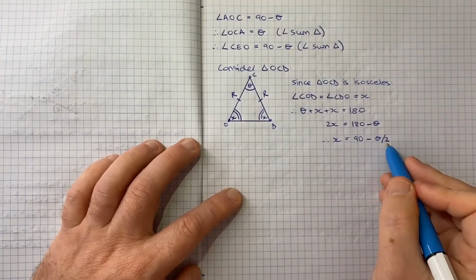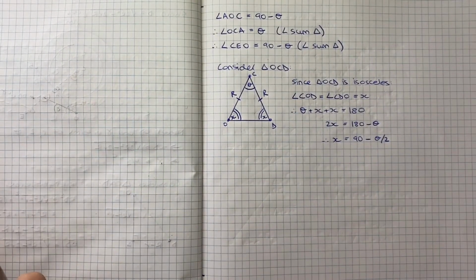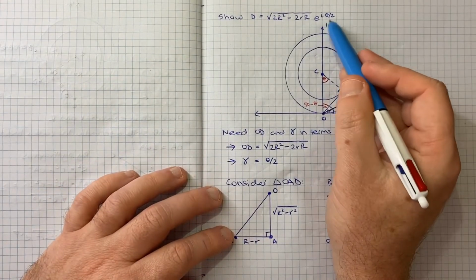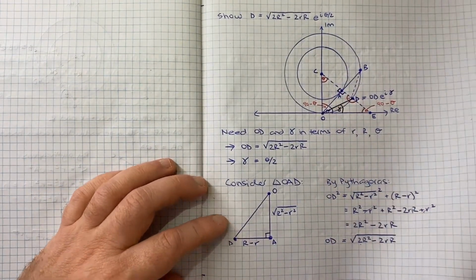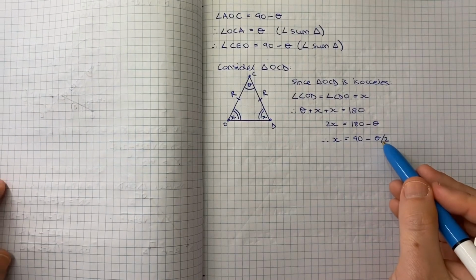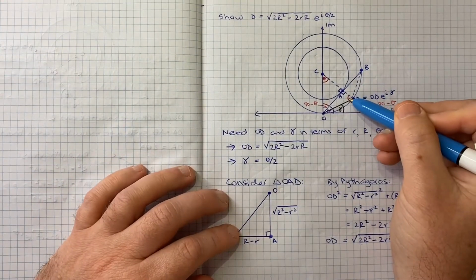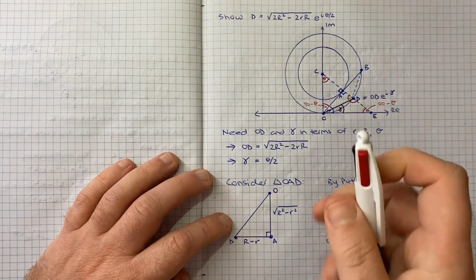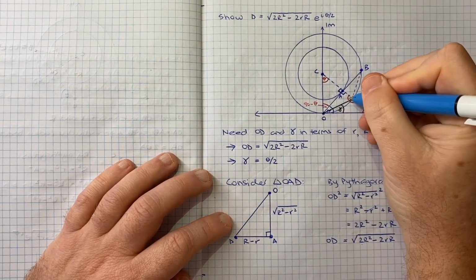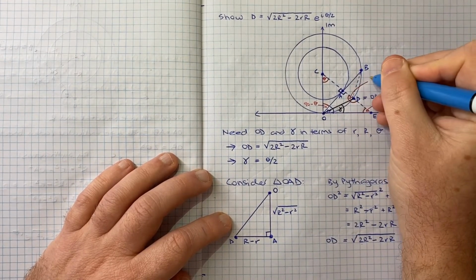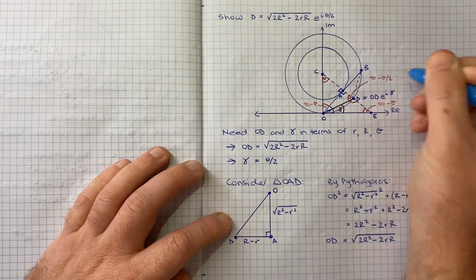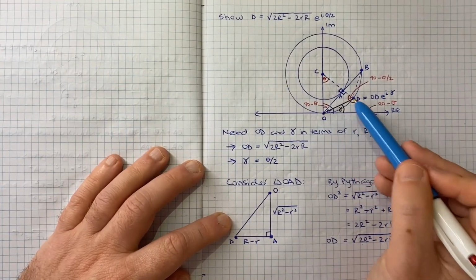And that's kind of a good sign because we know we're going to want a theta on 2 eventually. So coming up with the theta on 2 is very handy. So we've got this angle here as being 90 minus theta on 2. Maybe I'll just annotate that on. So that's 90 minus theta on 2. So now we can work out angle ODE.